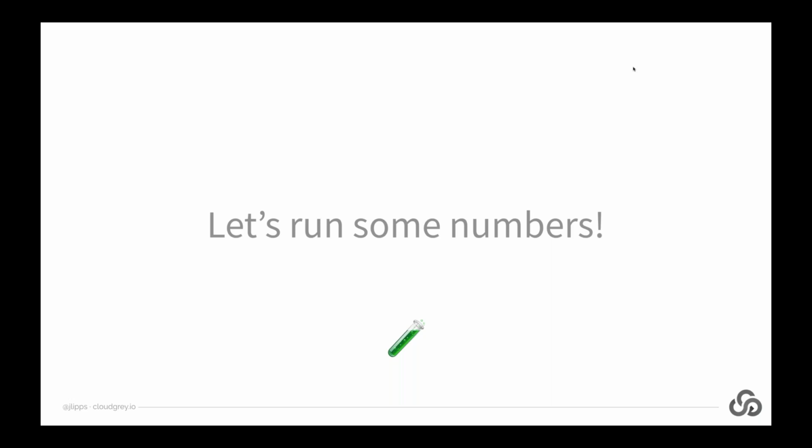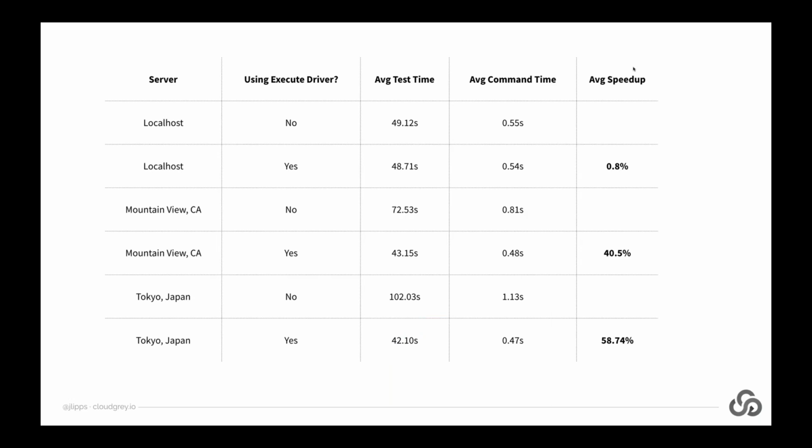So this is indeed what we find. Here's a little chart of some tests that I ran. In this series of tests, I basically compared latency, time loss due to latency across local execution, on devices that are not close to me but not too far away in California, and then devices which are quite a bit further away in Tokyo, Japan.